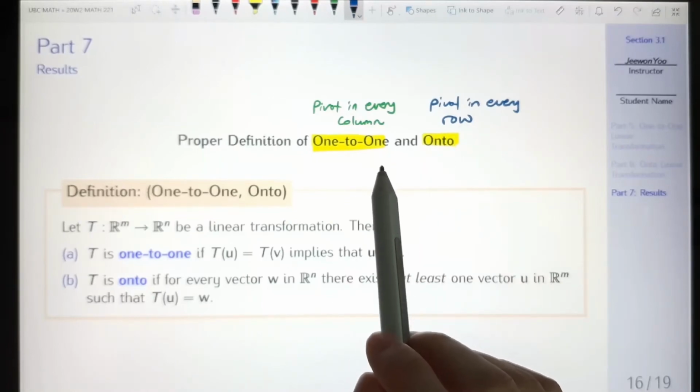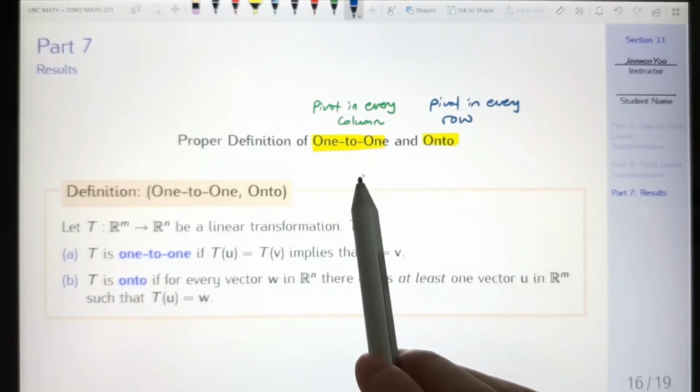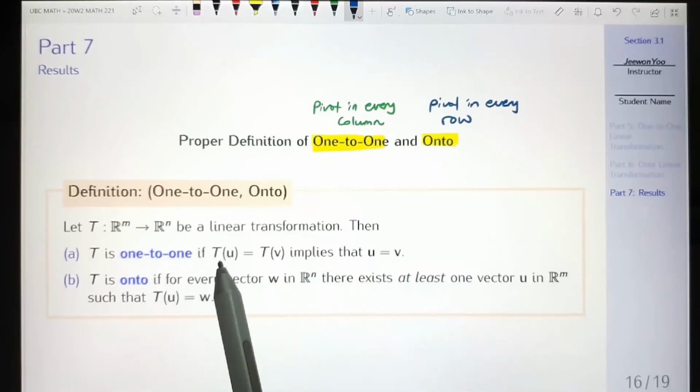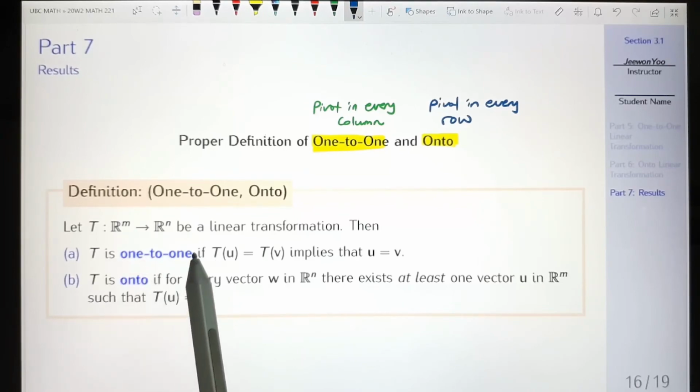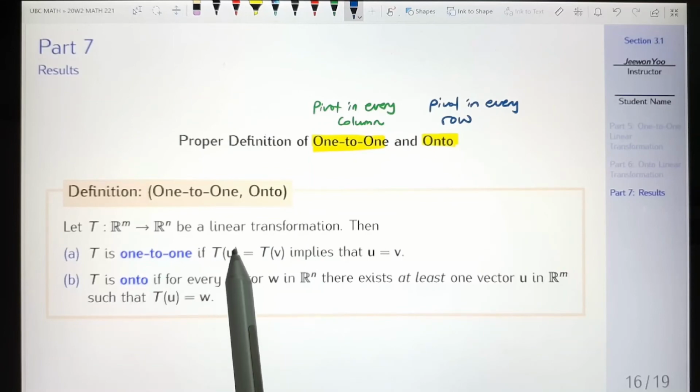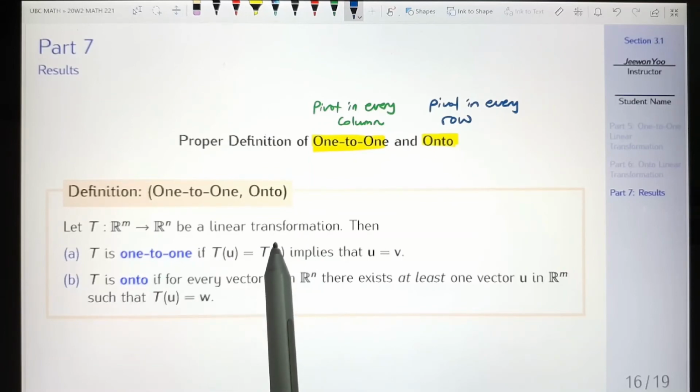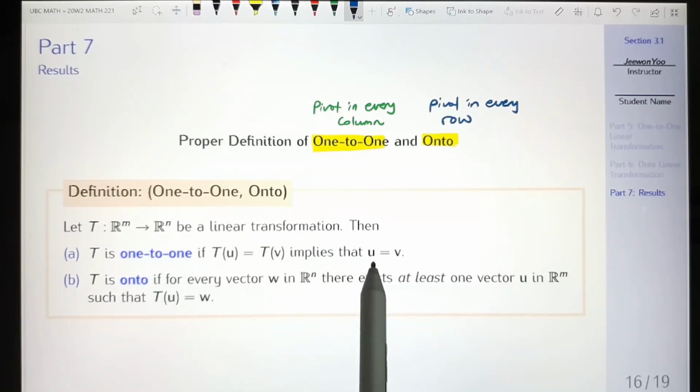But for future studies in mathematics, many proofs may involve this definition of one-to-one and onto, which is technically the same thing. I'm going to explain very quickly and precisely using the UBC student ID example. Look, T is one-to-one if T of U in the codomain equals T of V in the codomain, then it must be true that U and V in the domain must be equal to each other.